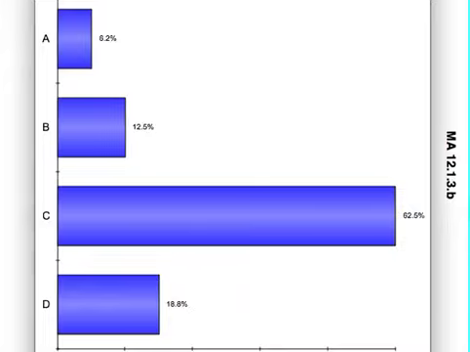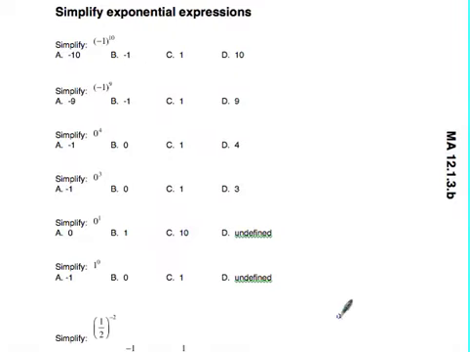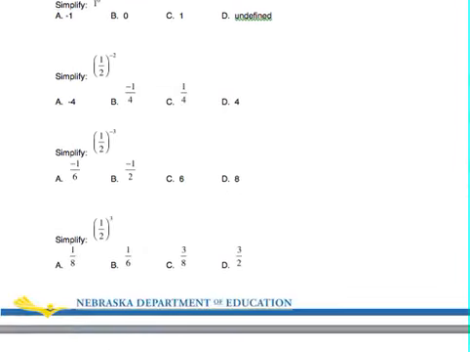Ooh, got a lot of different answers. Let's see if the majority is right. 1 to the first power is in fact 1. Letter C.